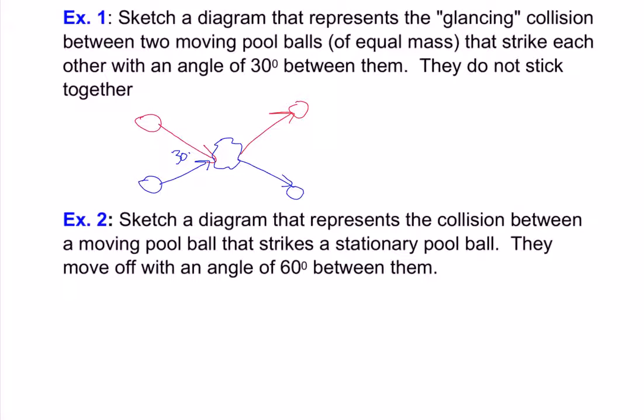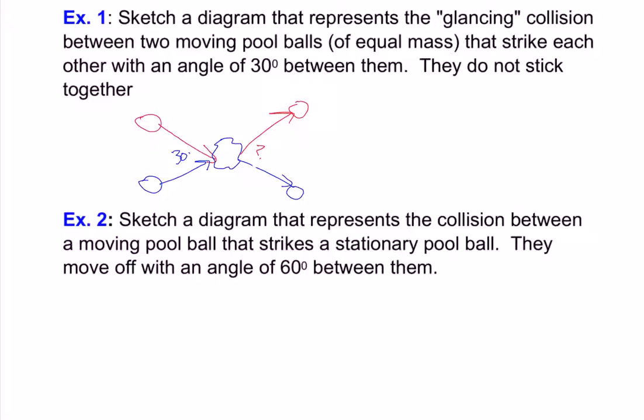Does it mean they bounce back at 30 degrees again? Not necessarily. If they were the exact same speed and mass, yes, they would. But if one is way faster or way more massive, it will have larger momentum, which would dominate the collision. So we don't know the angle until we do the calculations.